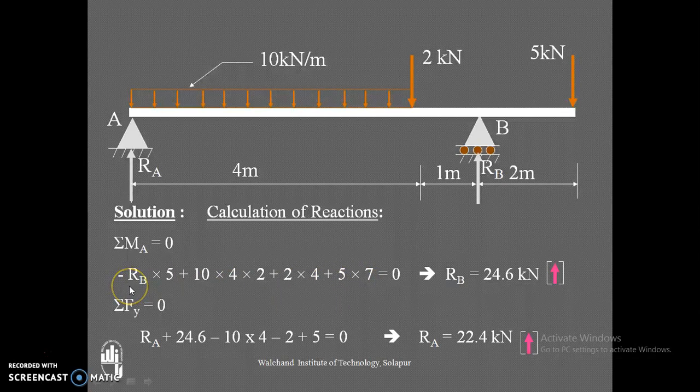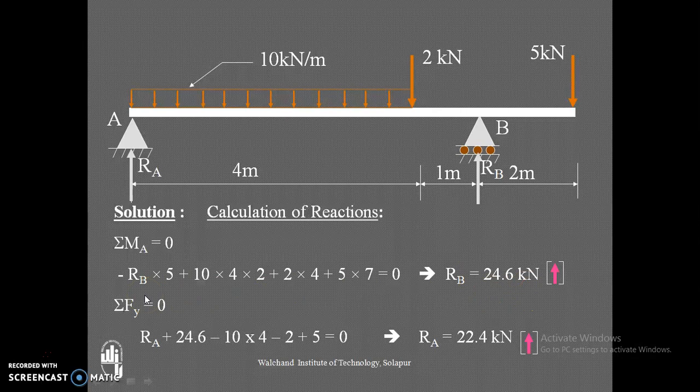RB creates an anti-clockwise moment, that's why negative, and the remaining loads create clockwise moments, that's why their moments are positive. It is equated to 0, and RB is unknown, so RB is equal to 24.6 kilonewton upward.